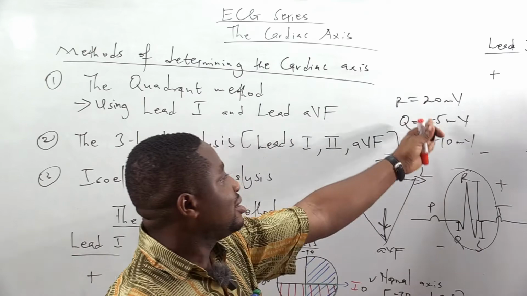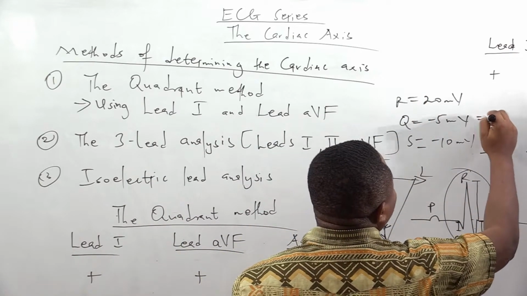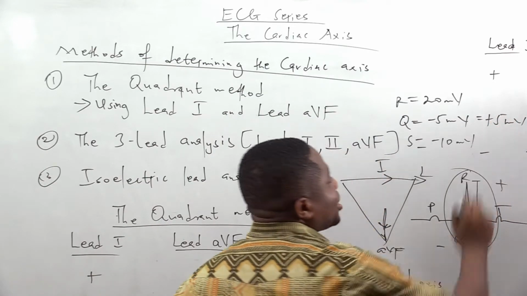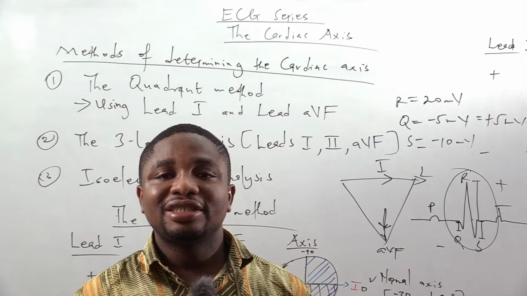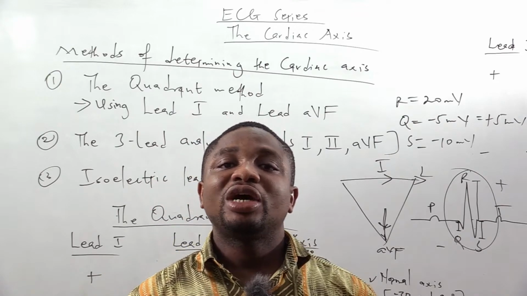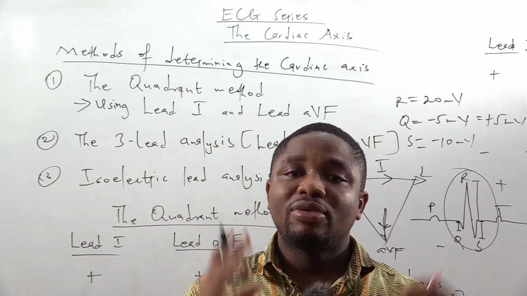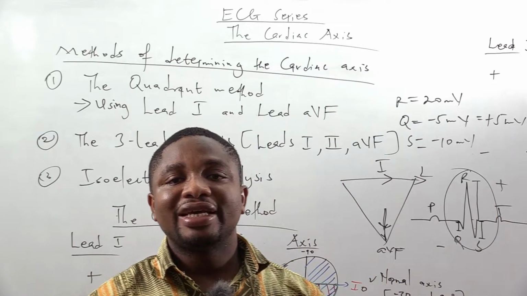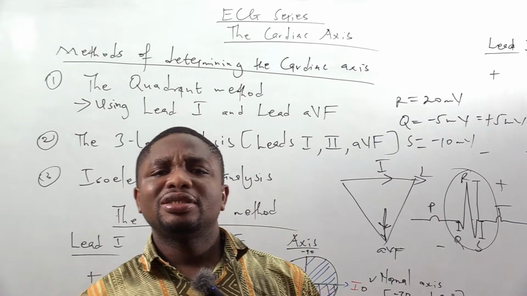If you have these three, you realize that the resultant number will be what? Plus 5 millivolts. And what's the charge on that? Positive. Meaning that QRS net charge is positive, and the QRS overall direction is what? Upwards. That's what we mean by QRS being positive.